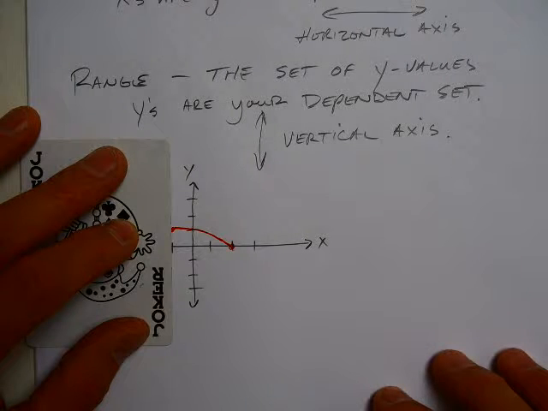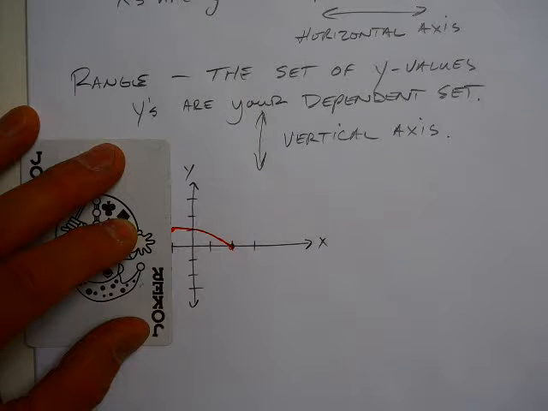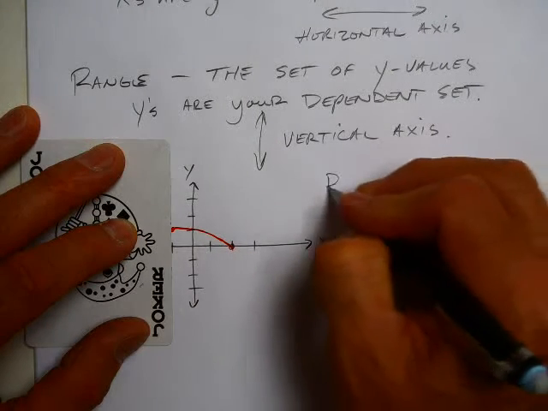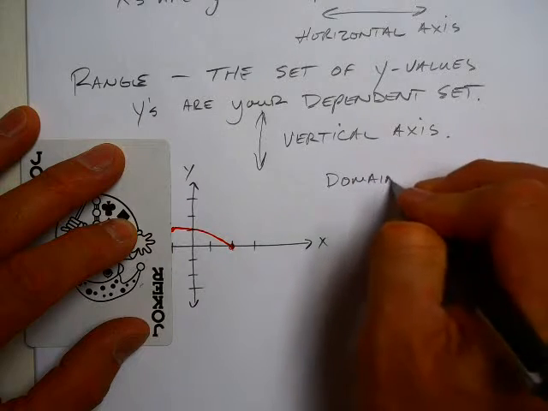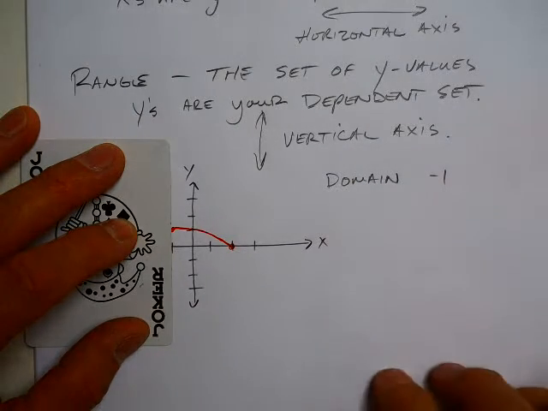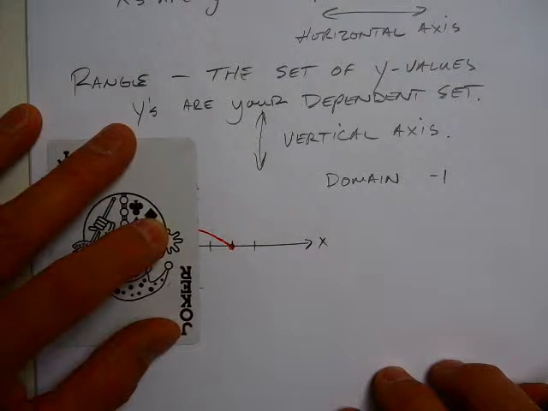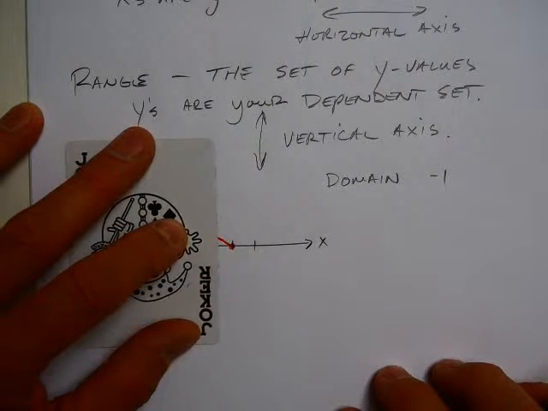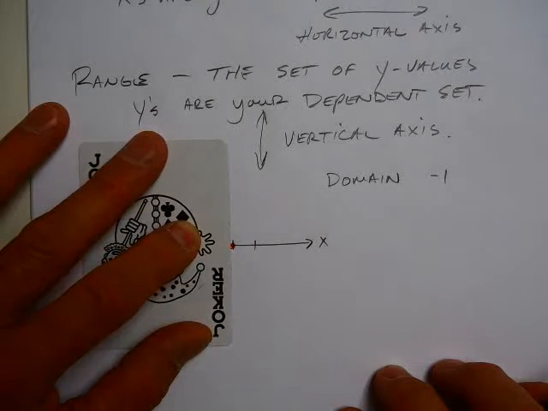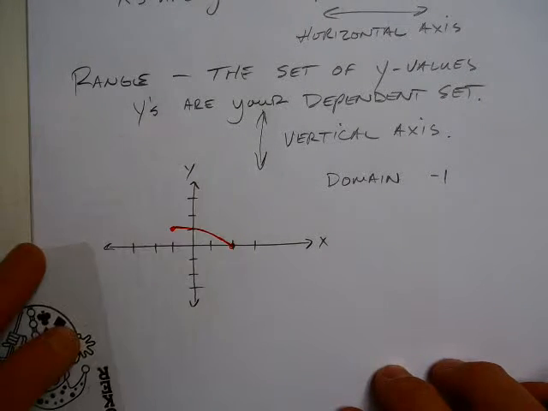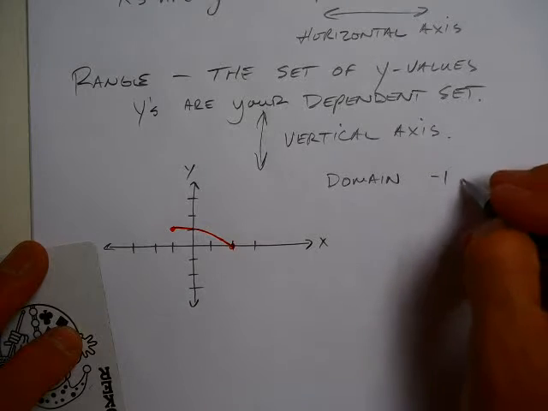Right there, right? What is the x value where I touch the curve? -1. Okay, so the domain starts at -1. And as I'm dragging this across, when do I quit touching the curve that I drew? At 2, right?